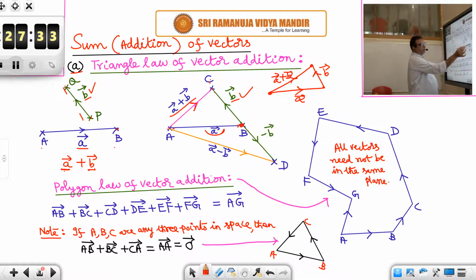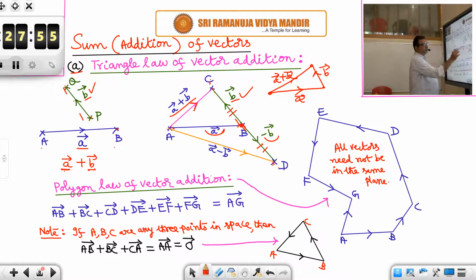Suppose you take another point D, with the same length, this length and this length are same, but direction just opposite. That means BC bar and BD bar are just opposite in direction. Then BD bar is represented by what? Negative of the vector b bar, that is minus b bar, because length is same but direction is opposite.